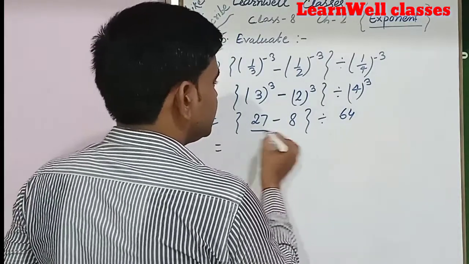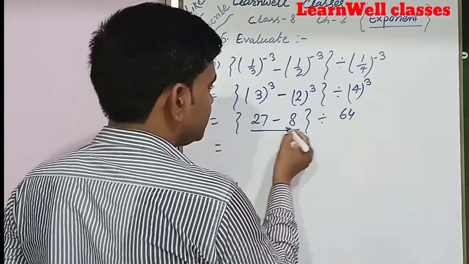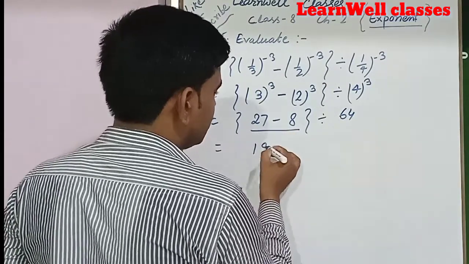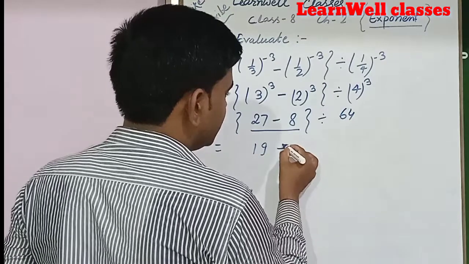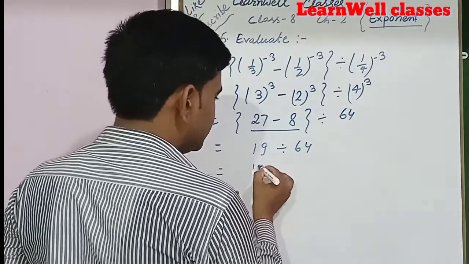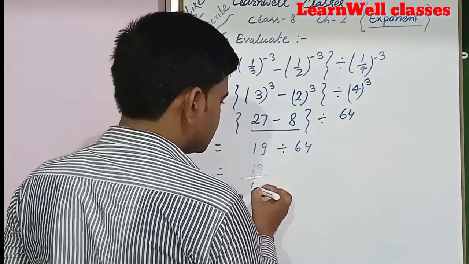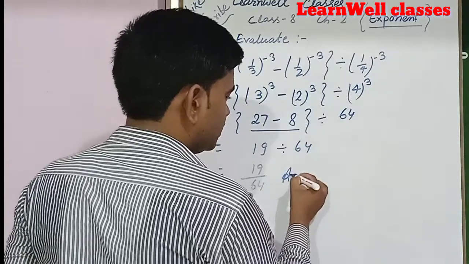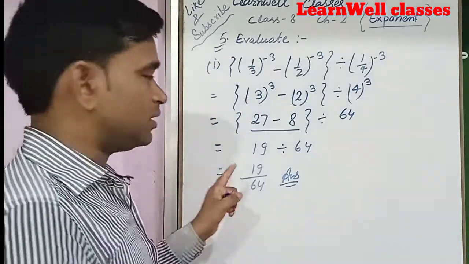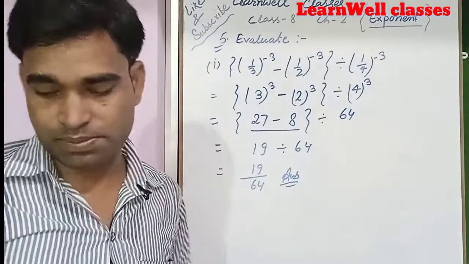We subtract the numbers, 27 minus 8, and we get 19 divided by 64. So 19 upon 64 is the answer.